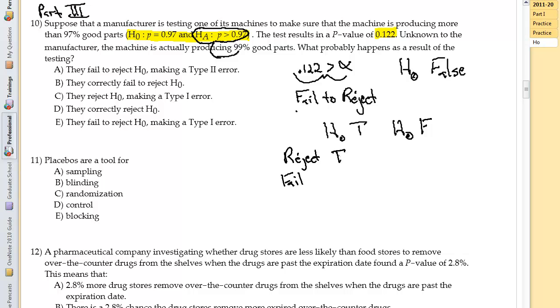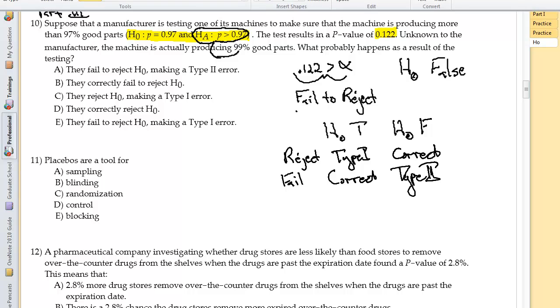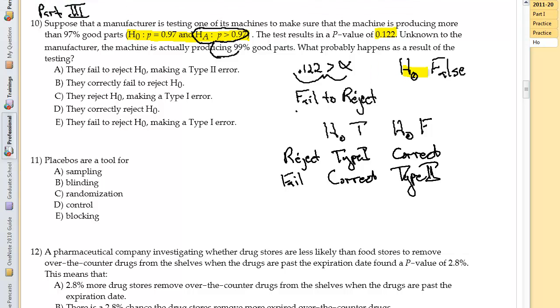Now, of course, this is a type 1 error. This is a correct assumption. This is a correct assumption. And then this is a type 2 error. So I have told you that H naught is false and that we failed to reject.